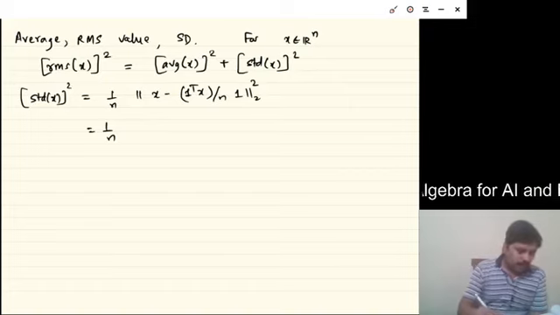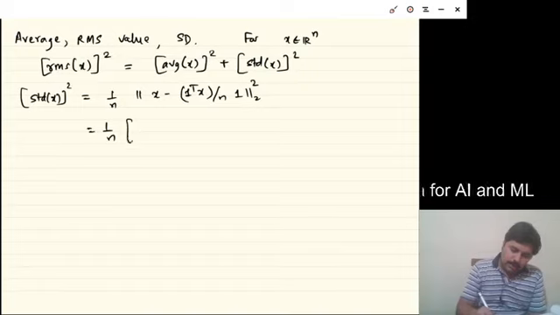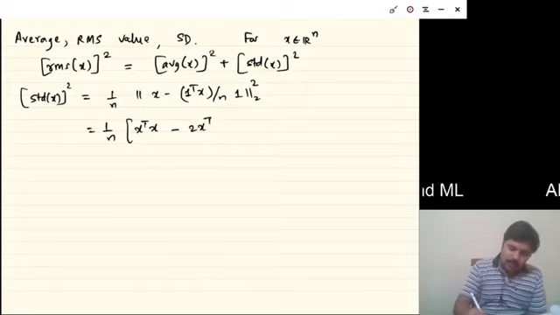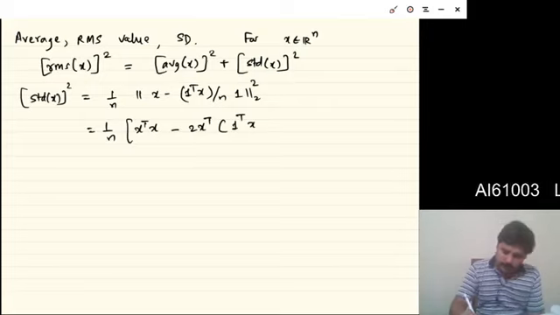So I have this 1 by n, accompanied by the first term x transpose x. Then I have 2 times x transpose and the inner product here, 1 transpose x divided by n into 1.